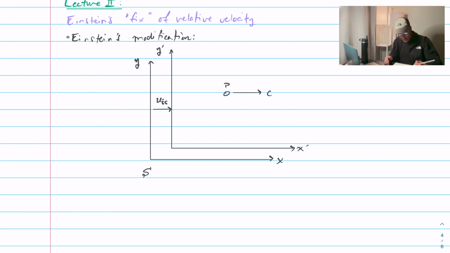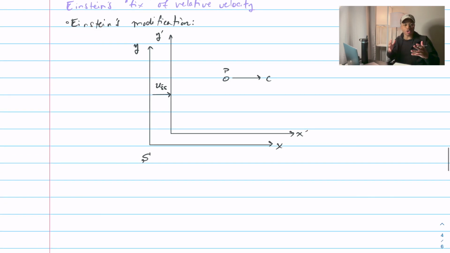So how do we make sure that the velocity of that point particle in an arbitrary reference frame moving with respect to a fixed reference frame is the same to all observers?